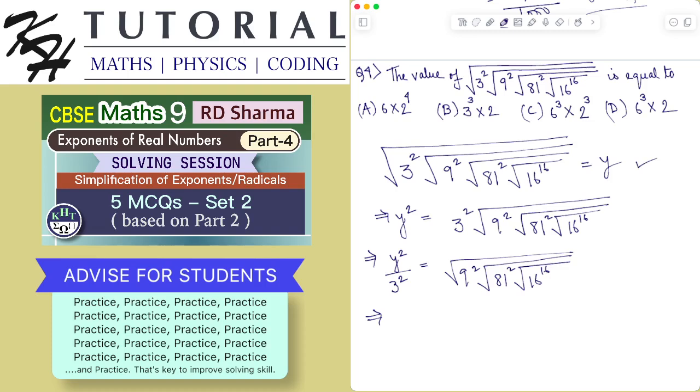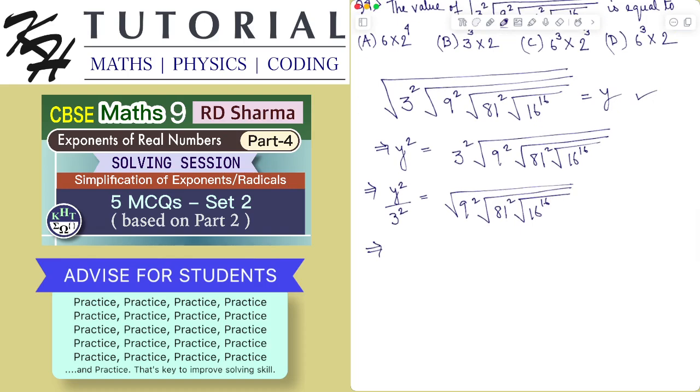Now if I again take the square of both the sides of this equation, I will have (y square by 3 square) whole square equal to 9 square multiplied by 81 square root of 16 to the power 16.